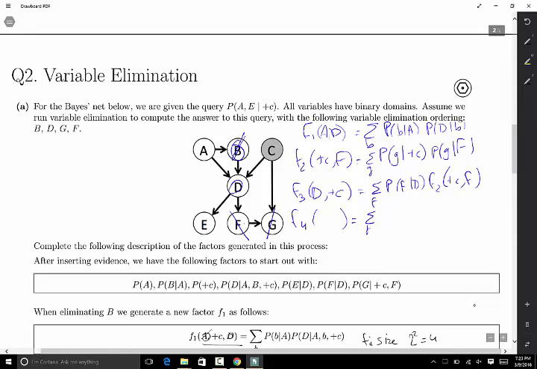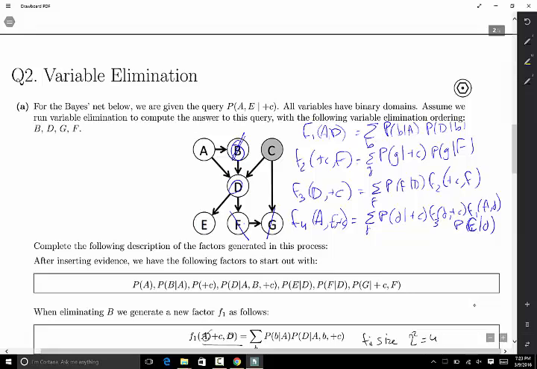So we're going to sum over D of the probability of D given plus C times the factor 3 of D and plus C times the factor 1 of A and D, and the probability of E given D. So this factor then only takes A and E and plus C as input.